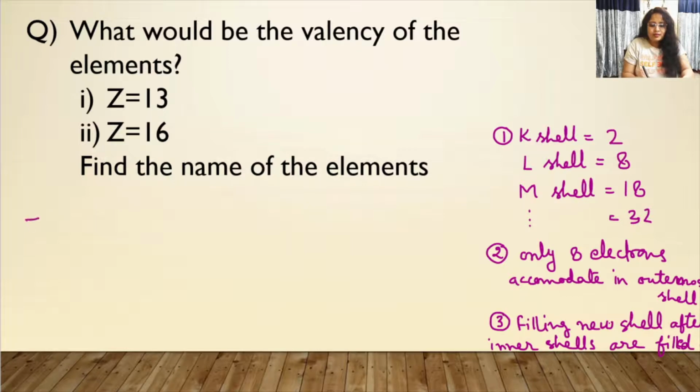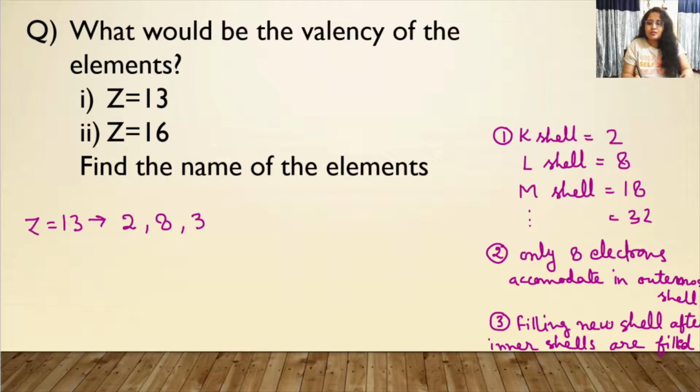Here Z is equal to 13. So we can write it. First shell 2 electrons, second shell 8 electrons. Now how many are left? 3 electrons. The third shell will accommodate 3 electrons. Now this third shell should be the valence shell in case of atomic number 13.